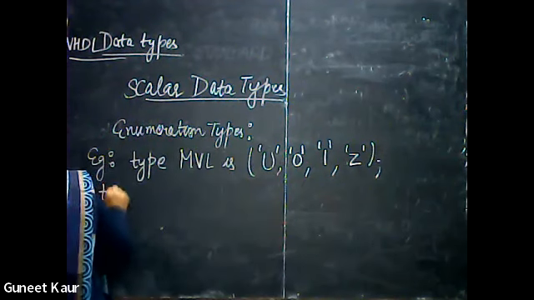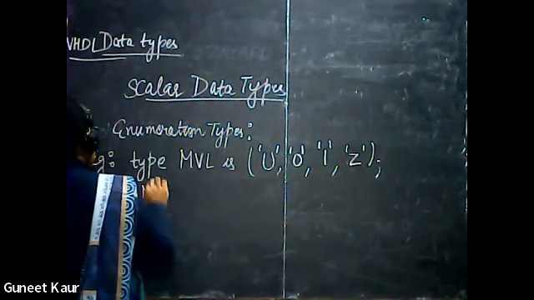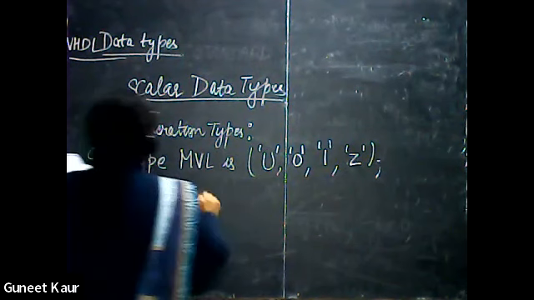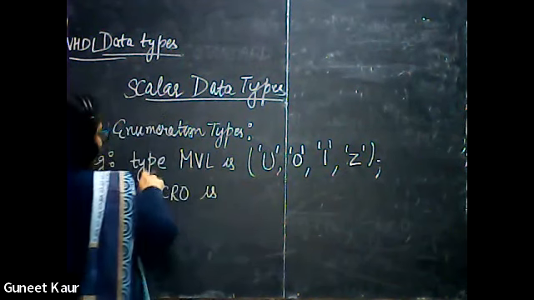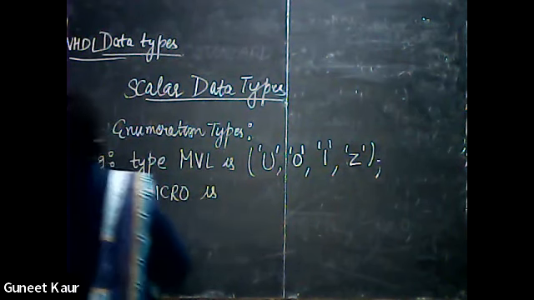Then the second enumeration type example is type micro is (load, store, add, sub, div); The word type should be in bold.